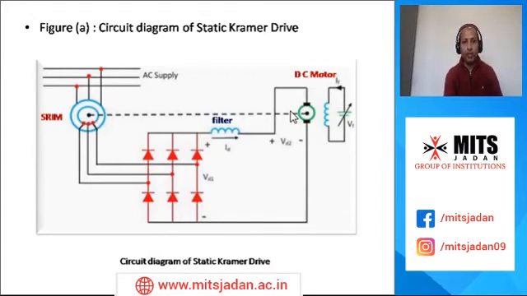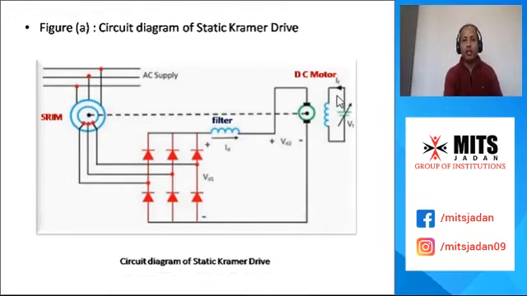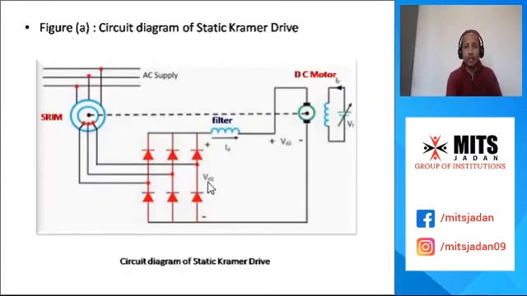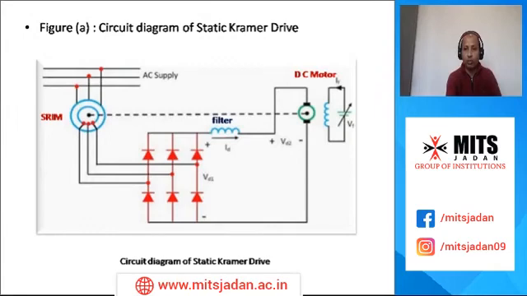Speed control in this particular system is obtained by field current control. We can see here that by this arrangement we can control the value of the field current. Secondly, in this diagram there are two voltages, one is VD1 and the other is VD2. The steady state condition is reached when the voltage VD1 is equal to voltage VD2.